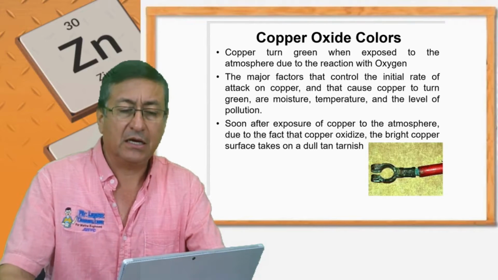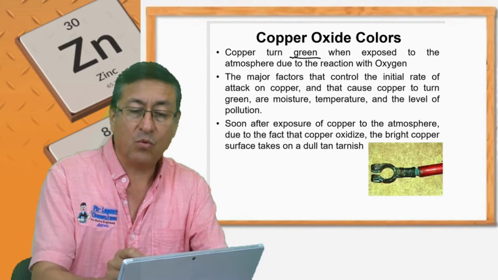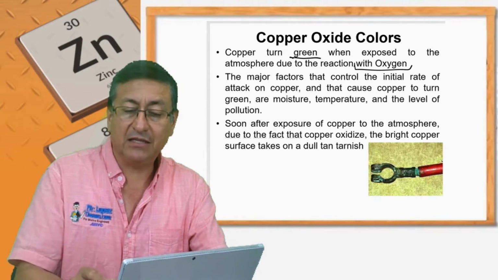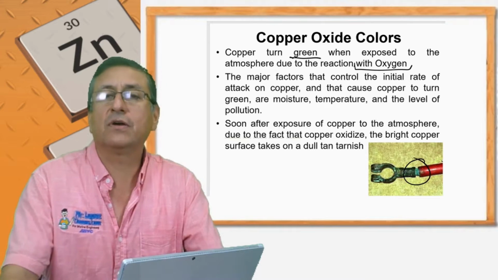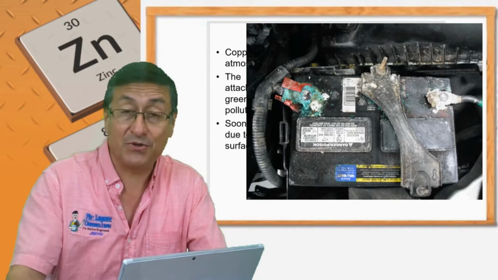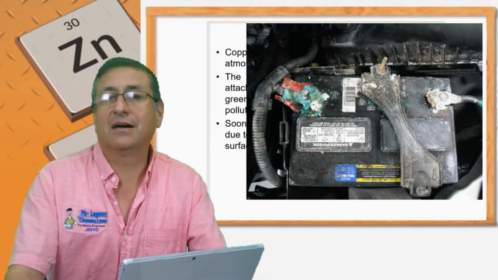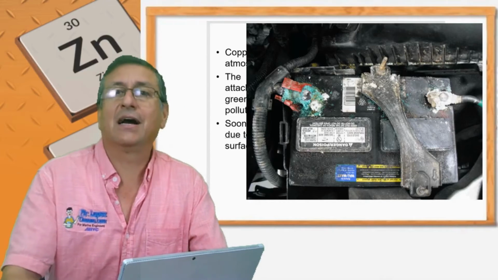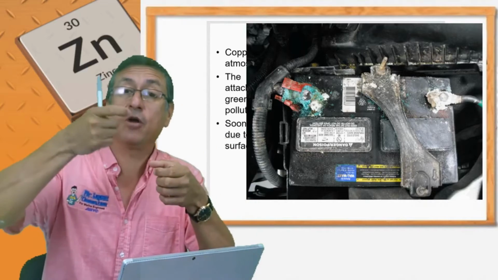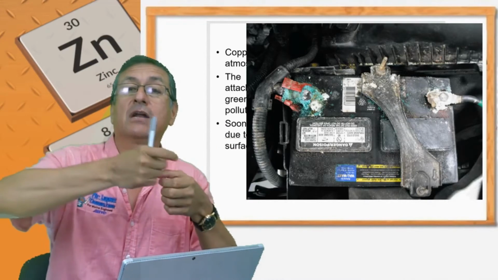Copper turns green when it's exposed to the atmosphere and reacts with the oxygen. And this is the green color that you find in the terminals of the battery, the positive post, you remember? The lead is eroded and reacts with the copper of the cable terminal.